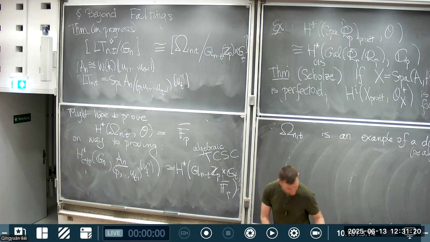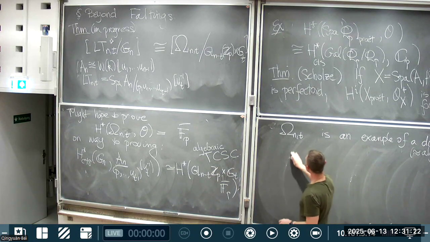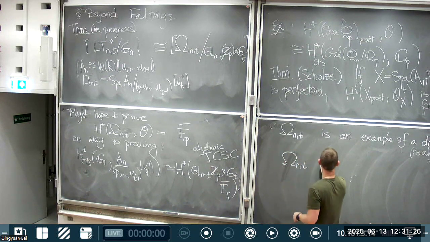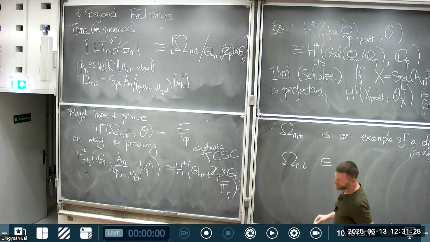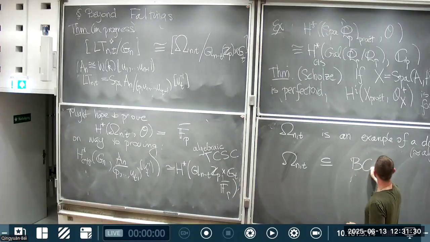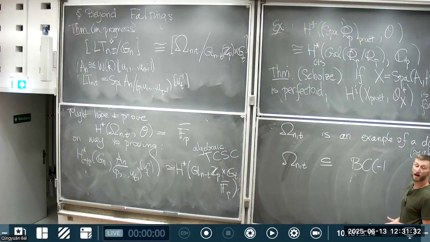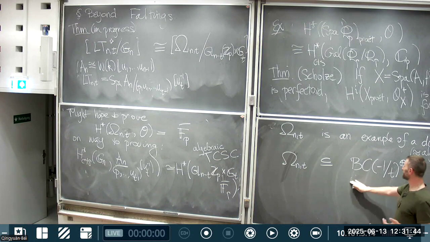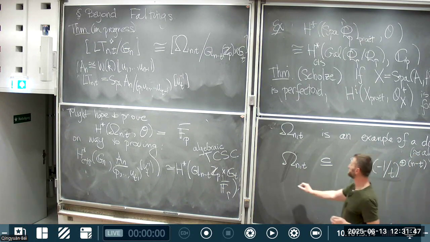And I'll tell you just something about the nature of this thing. It lives in a certain vector space called a Banach-Colmez space. The slope of that space is negative 1 over t, and I've got to take n minus t copies of it. It seems I'm going to have to leave unsaid what this thing is.